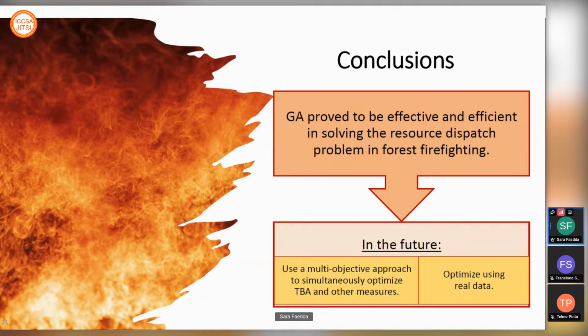We also want to optimize using real data, and we also want to integrate this in the framework that my colleague told about in the last presentation. Thank you.